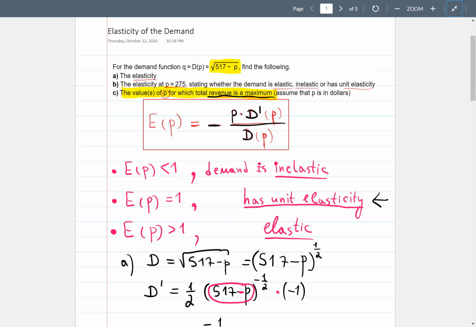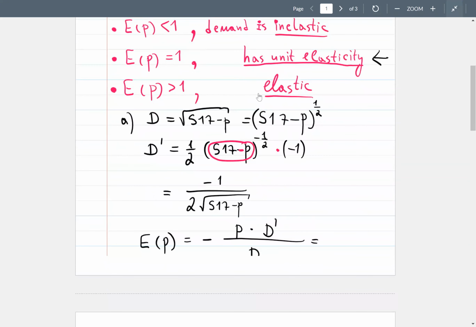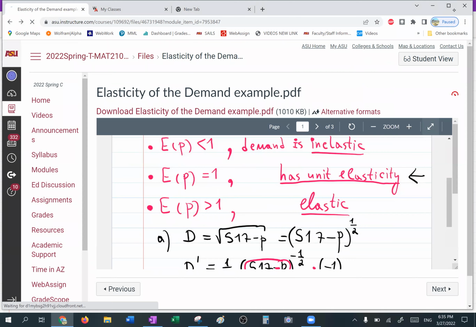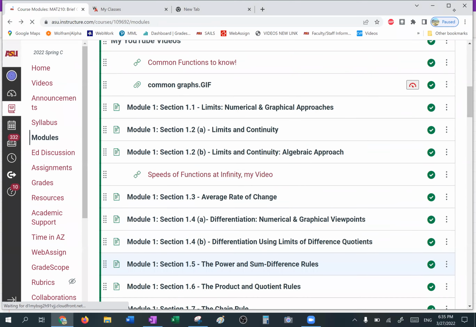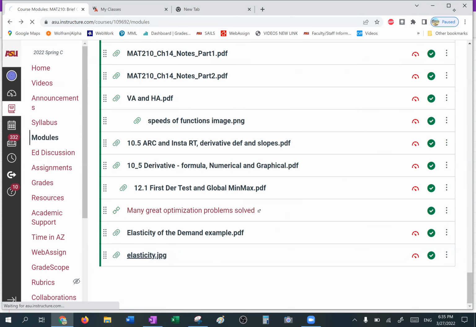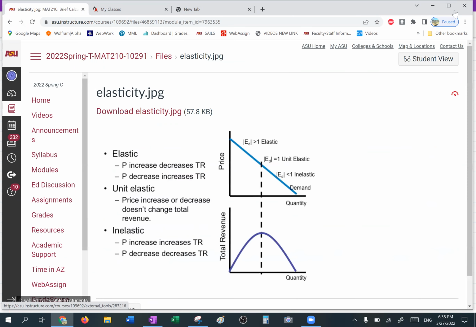Then I will tell you how I memorized the formula. But I also found this nice table I like. So I will use it right now. At the very end, check it out. This one is really good, I think. It's also a visual representation of the relationship between price and quantity, and then revenue and quantity.